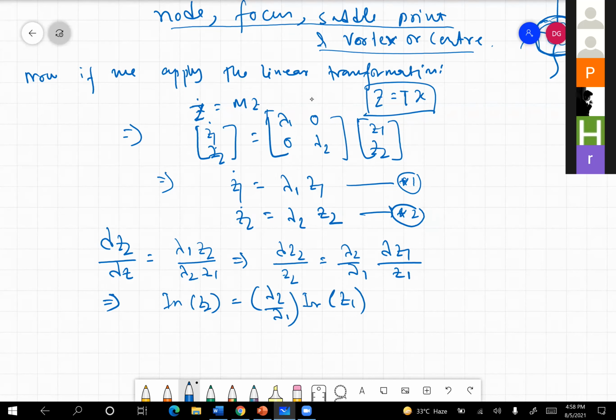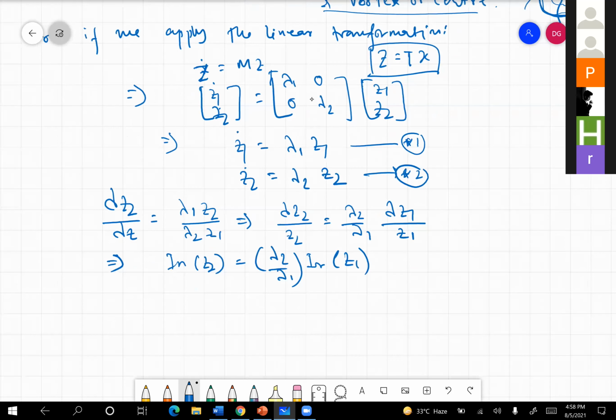Again, if I solve for z2 as a function of z1, I can write z2 equal to c times z1 to the power lambda 2 by lambda 1. Here c is the constant of integration.